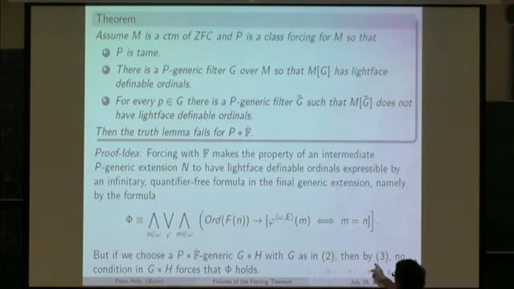But then by the third condition up there, we can choose a generic filter that contains this condition, such that the intermediate extension has an ordinal that is not light-face definable. But then, of course, this means that this condition can actually not force this statement here.